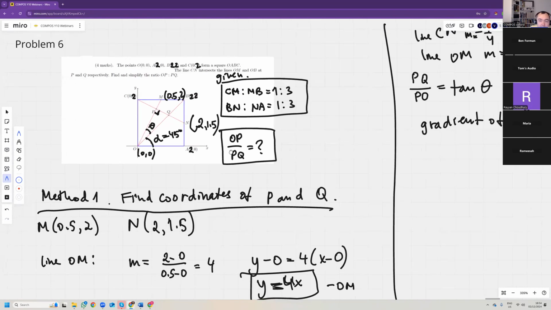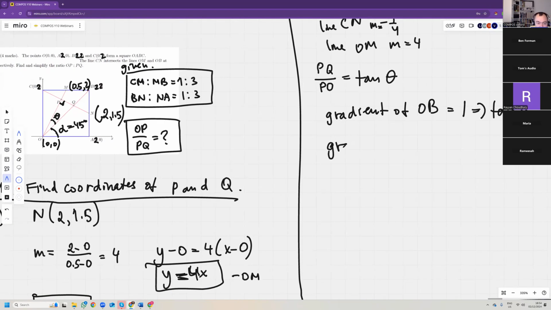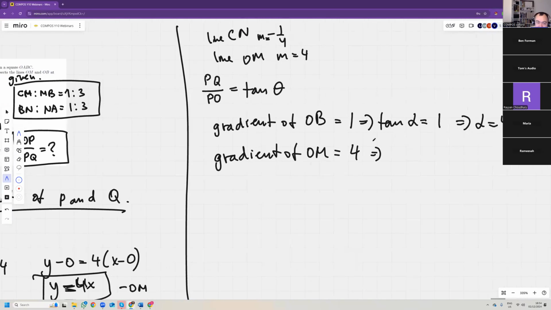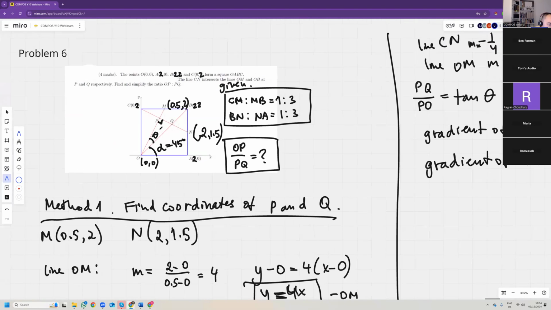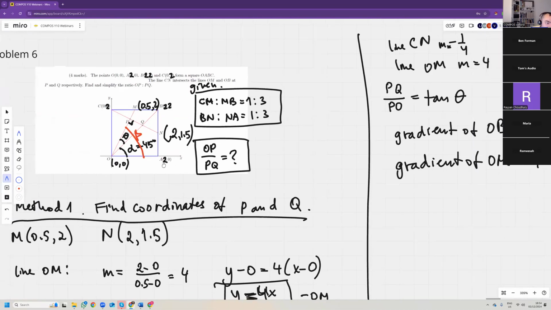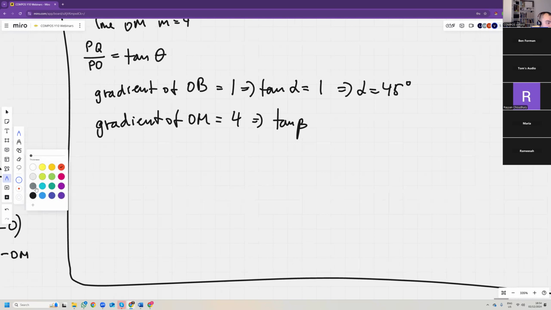And now the gradient of OM is 4. That means that tangent beta, let's call this angle beta, the big one, tangent beta is 4. That means the angle beta is arctan, the inverse tan of 4.